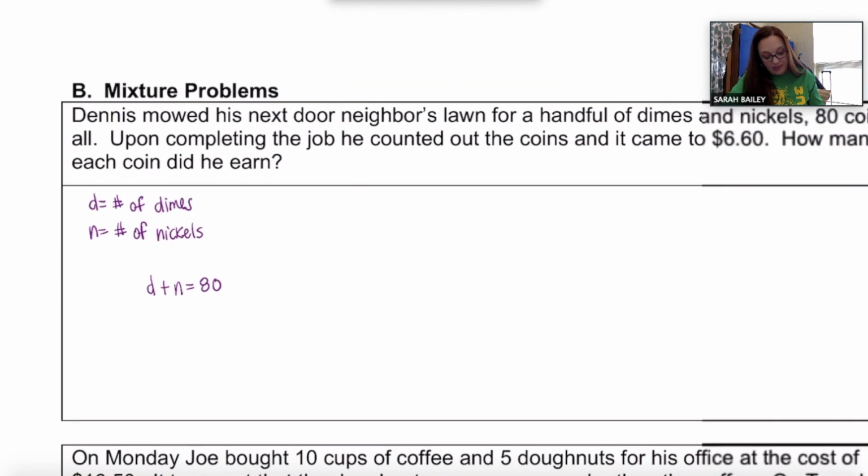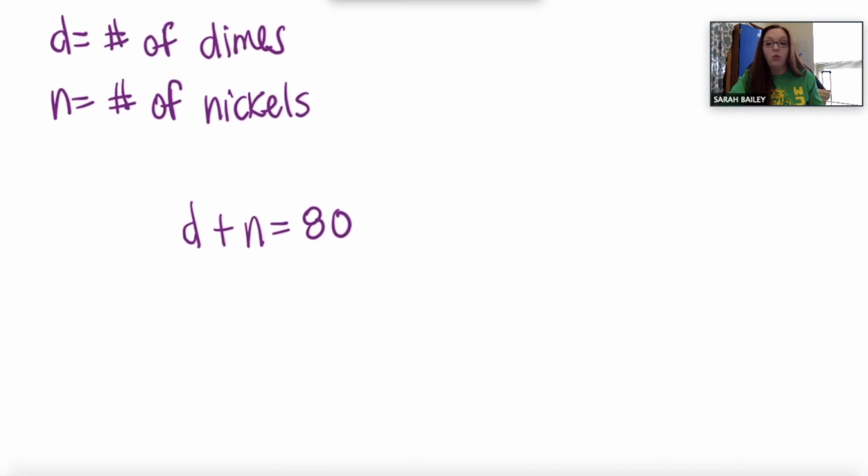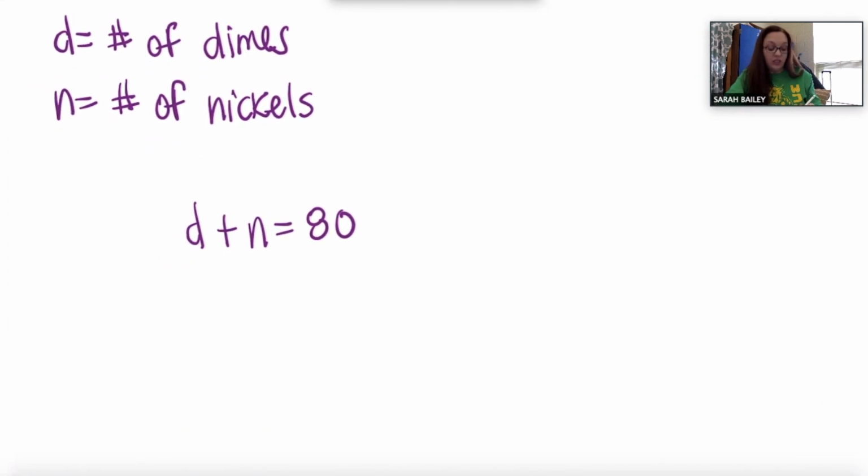The next thing I see, he has a total of $6.60. Well, a dime is worth 10 cents. So if I do 10 cents, remember that's 0.10, times the number of dimes, that would give me the total amount of money he has just for dimes. Plus, nickels are worth 5 cents.